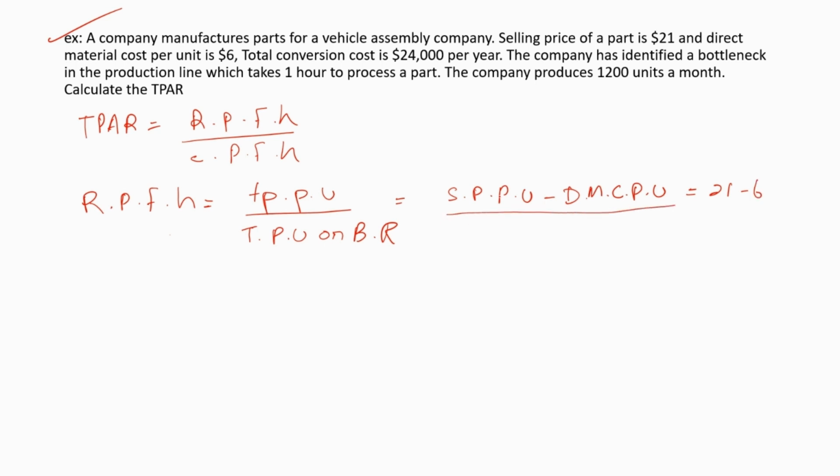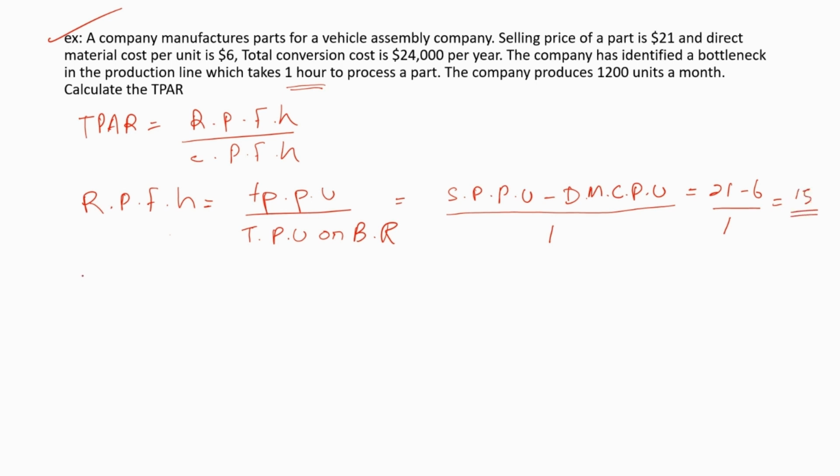The time per unit on bottleneck resource is 1 hour, because it takes 1 hour to produce a part using the bottleneck resource. So the return per factory hour is equal to 15.